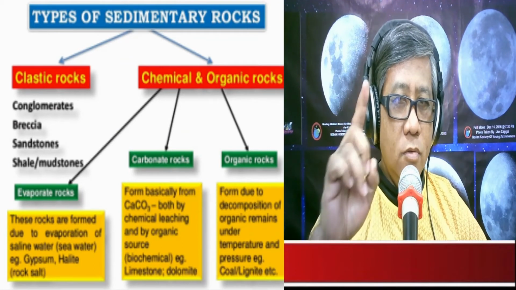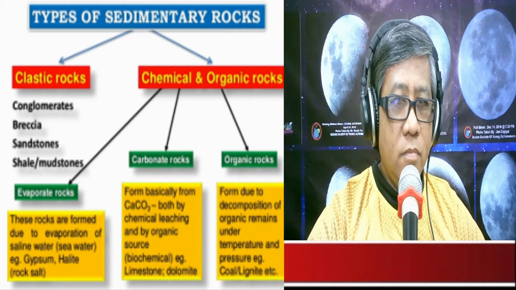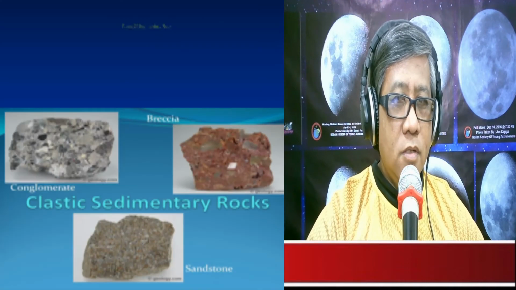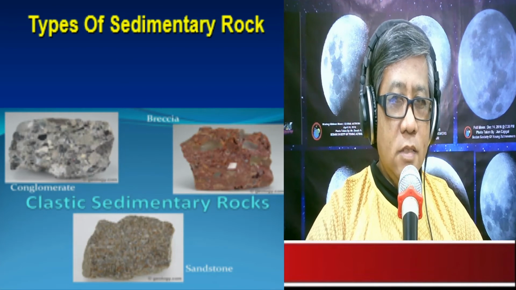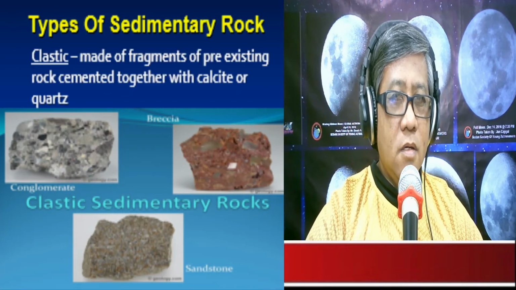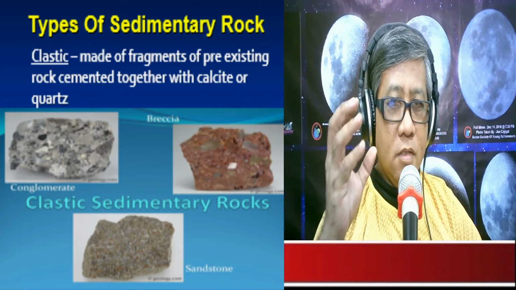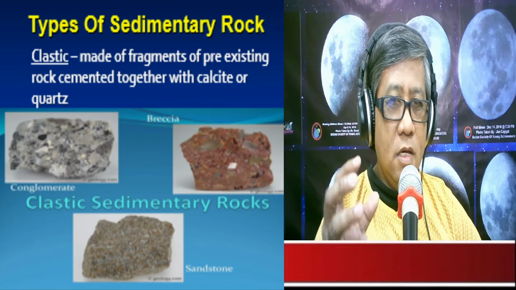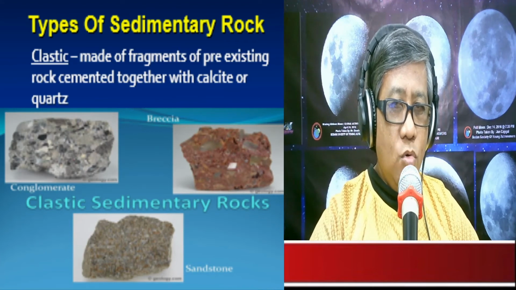Now, let's go into the details of these types of sedimentary rocks, starting with clastic sedimentary rocks. Now, when we speak of clastic sedimentary rocks, these are sedimentary rocks that are made of fragments of pre-existing rocks that are cemented together with calcite or quartz.